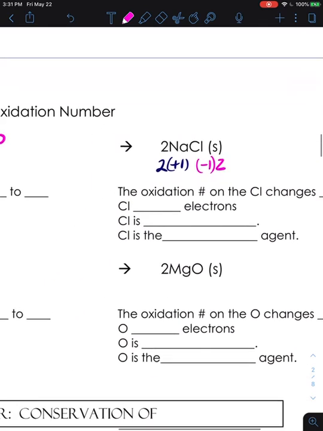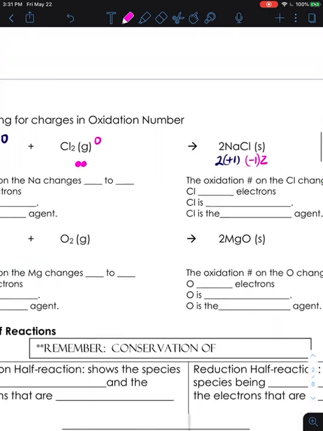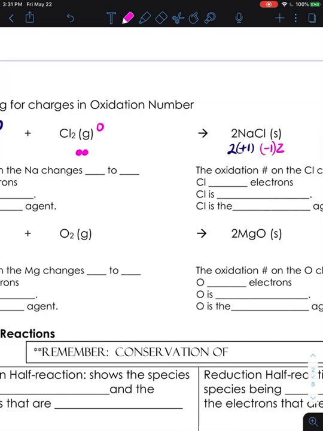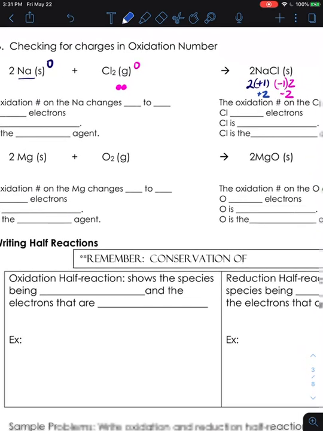So when we go back down, we need to take a look. Okay, so this went to a -2 charge. The sodium went to a +2 charge. So remember, when you see negatives, that is a gaining of electrons.